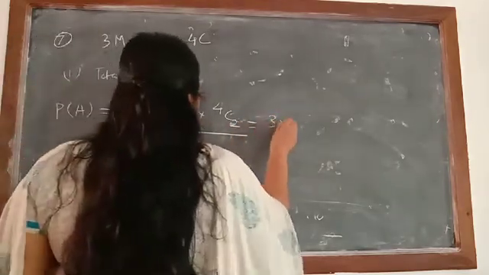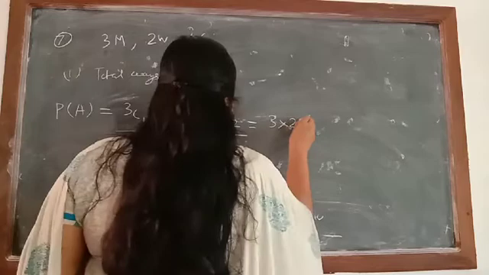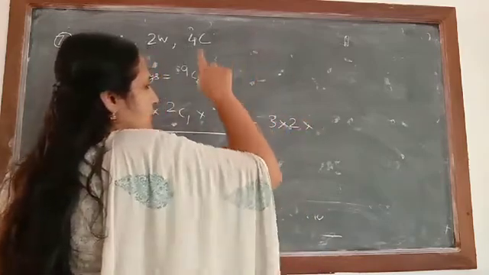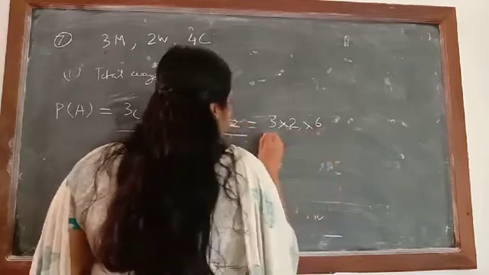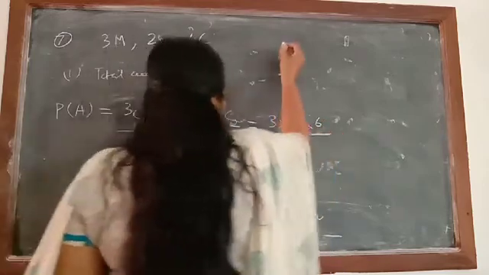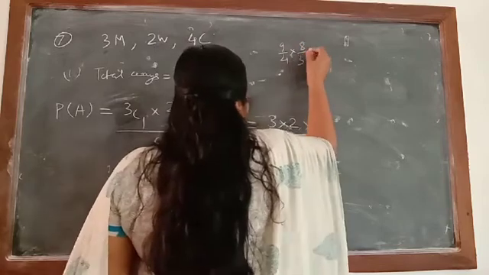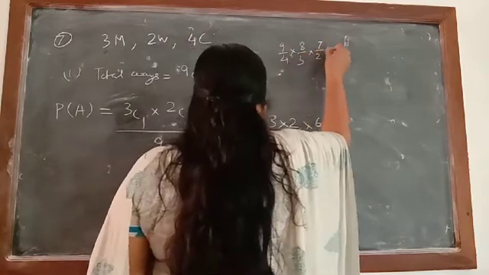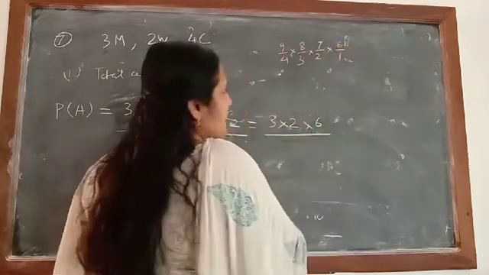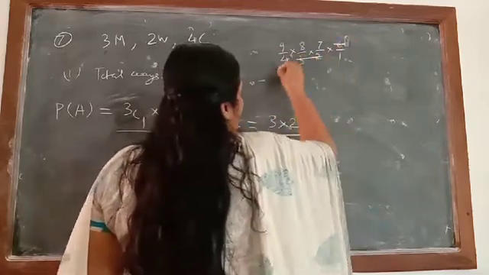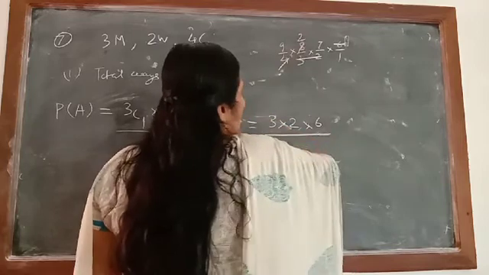Now we can simplify it. 3C1 will be equal to 3. 2C1 will be equal to 2. 4C2, 4 by 2 into 3 by 1. So again it will be equal to 6 by 9C4. Here we can do the calculation. 9 by 4 into 8 by 3 into 7 by 2 into 6 by 1. So 3 2s are 6, cancel here. 4 1s are 4, 2 2s are there.